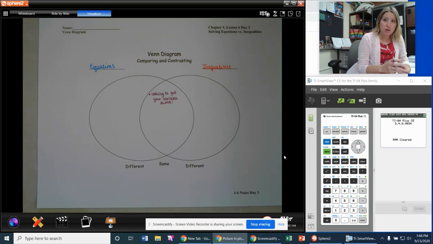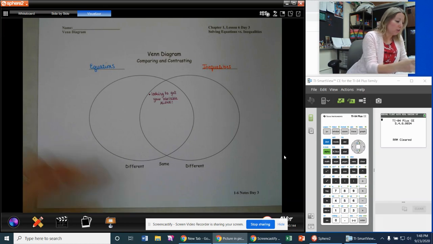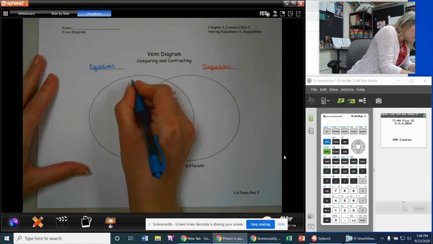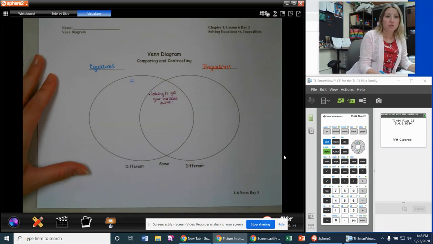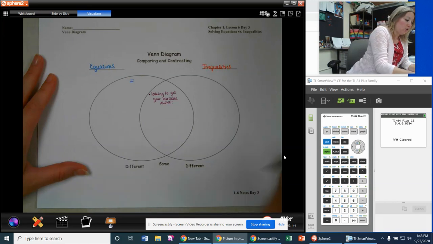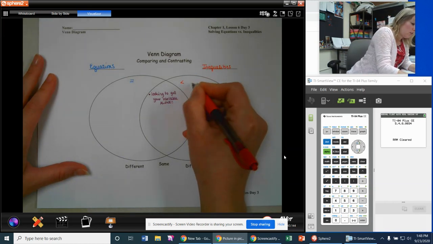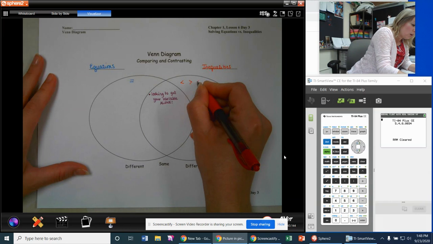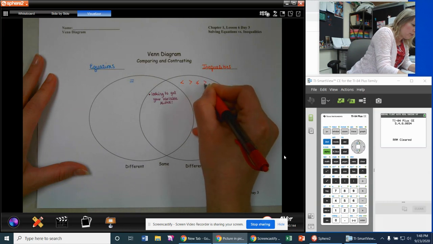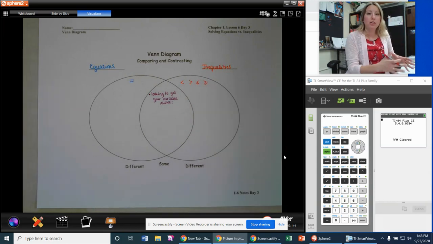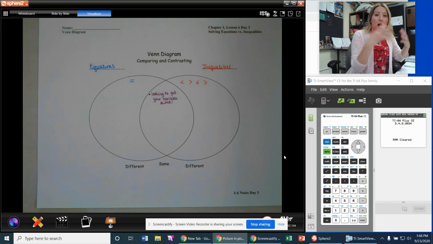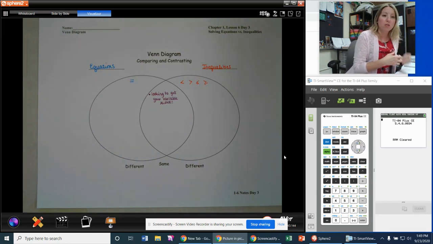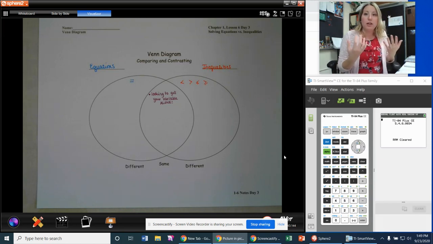The difference is for equations, you're going to have equal signs. For inequalities, you're going to have a less than, a greater than, a less than or equal to, or a greater than or equal to. So that's one of the main differences here. But on each side of one of those signs, you are looking to get your variable alone and your number alone. What is the real number that satisfies this sentence?